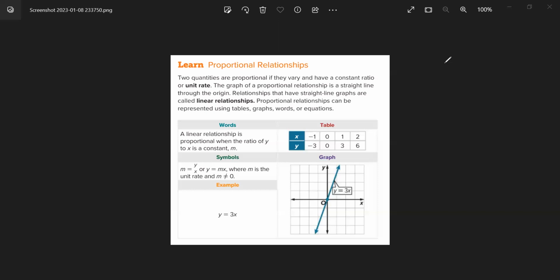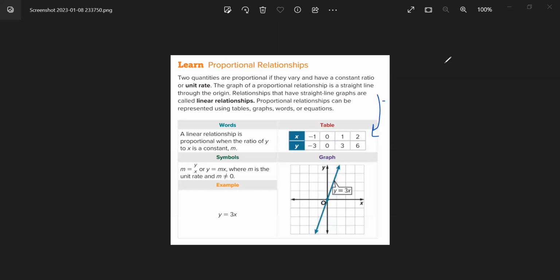If you see here, we have a table. This table shows a proportional relationship. How is that? Well, when we have nothing, the result of that is nothing. Let's pretend we're buying a candy.